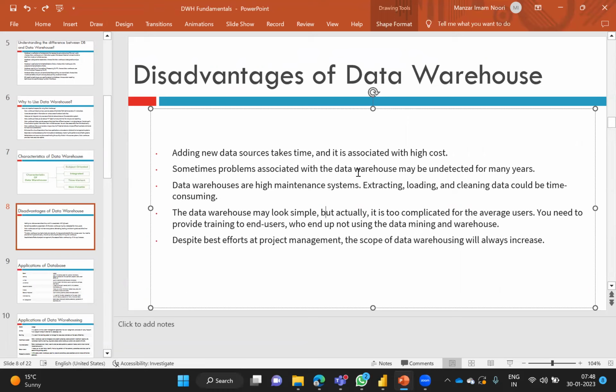You may have overlooked it, because the data has been there for the last few years, and you don't know whether the data is correct or not. So some of the data goes undetected for years even, right? And you are doing your reporting with that data itself, which may impact your reporting.